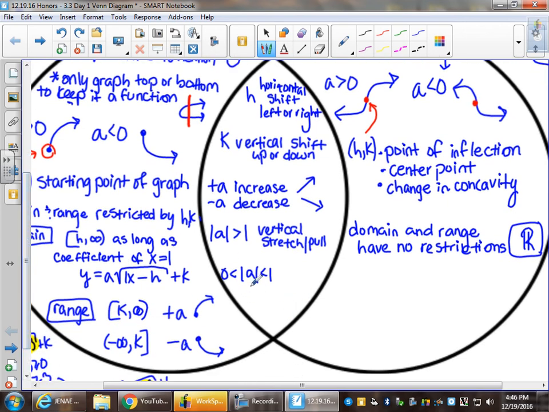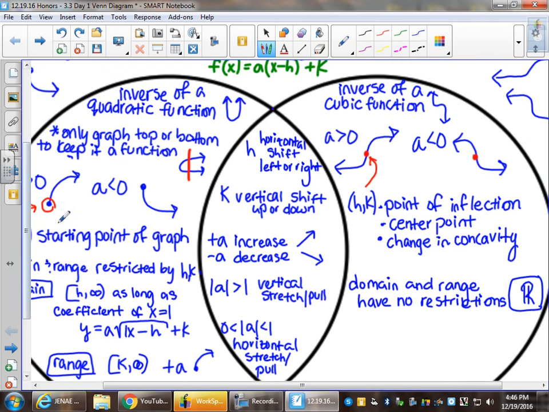If the absolute value of a is between 0 and 1, that is a horizontal stretch or pull. So as different as these graphs look, notice how much they have in common in terms of h, k, and the effect of a.